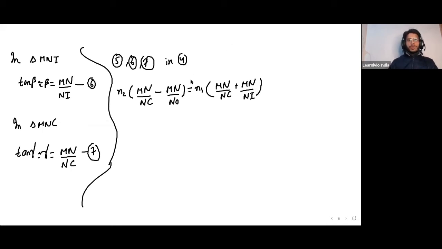Now this MN will keep on cancelling this MN. MN will get cancelled out. And we are left with n2 by NC minus n2 by NO, which is equal to n1 by NC plus n1 over NI. That is equation number 8.